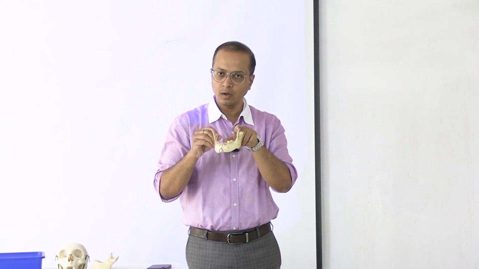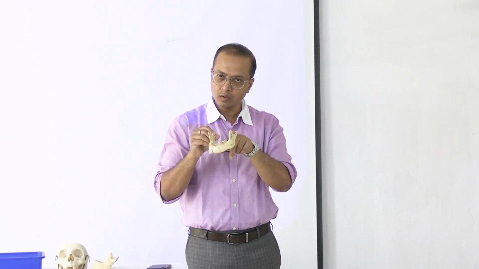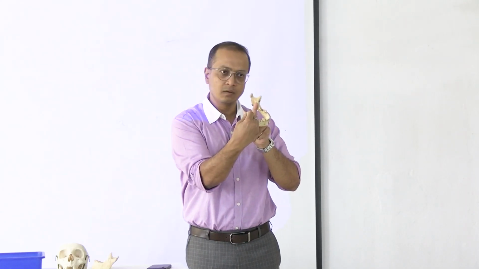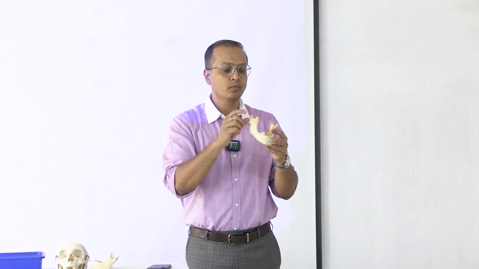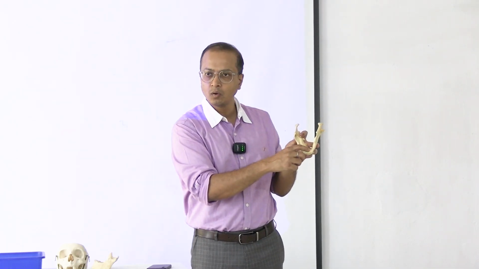Now, in between these two projections, we call them the anterior one, coronoid, and condyle, and in between them, the notch, the mandibular notch. Inside to the mandibular notch, we have a foramen, the mandibular foramen, and from the mandibular foramen runs a line, we call it the mylohyoid line.